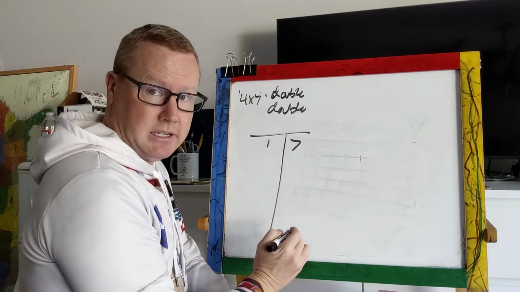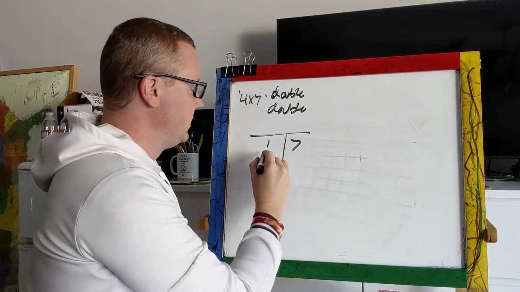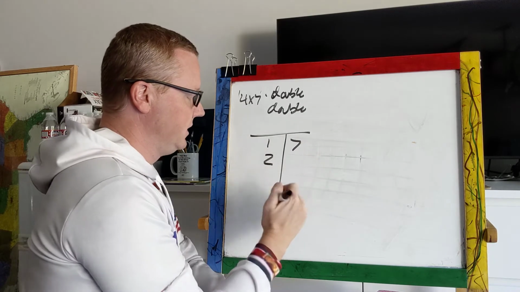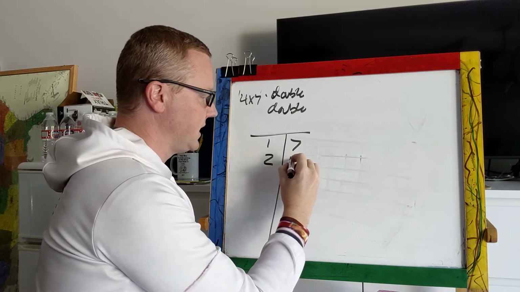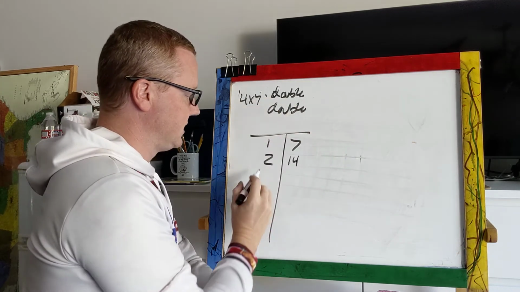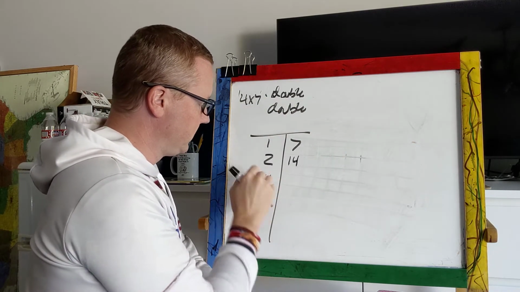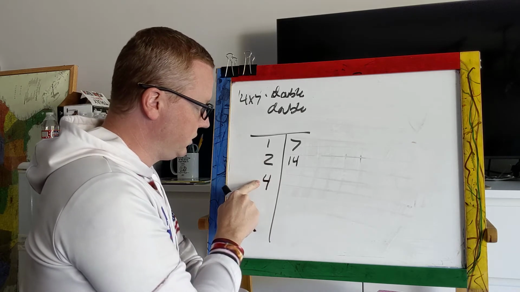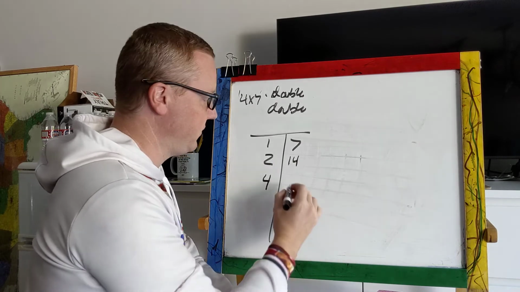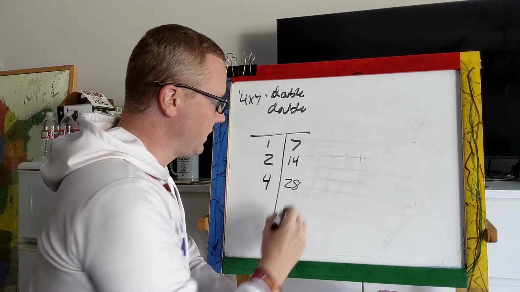We can double it. That's our first double. 2 groups, so I doubled it here. 2 groups of 7 is 14. So one double done, now I need to do the next. I double it here. Double of 2 is 4, and I double 14, so 14 plus 14 is 28.